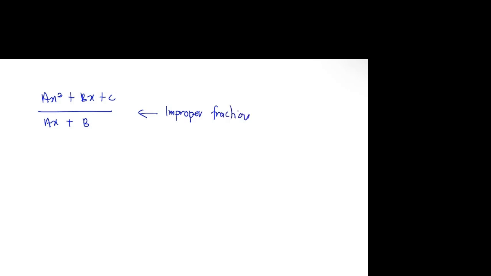An improper fraction means the highest order, or power, of the numerator is greater than or equal to that of the denominator. Here the numerator is second order, quadratic, which is 2, while the highest power in the denominator is 1. So the numerator's power is greater than the denominator's, and we call this improper.